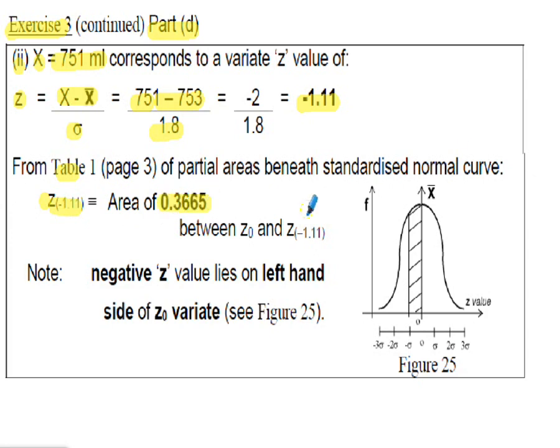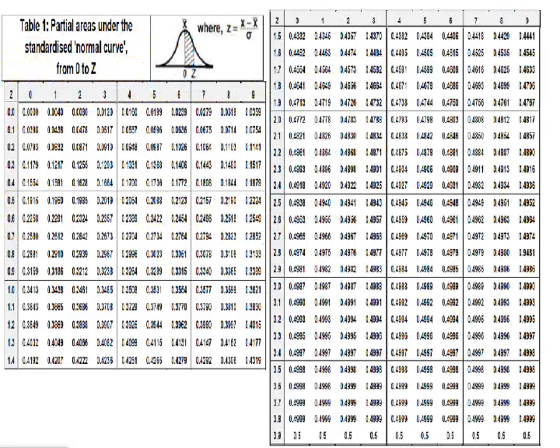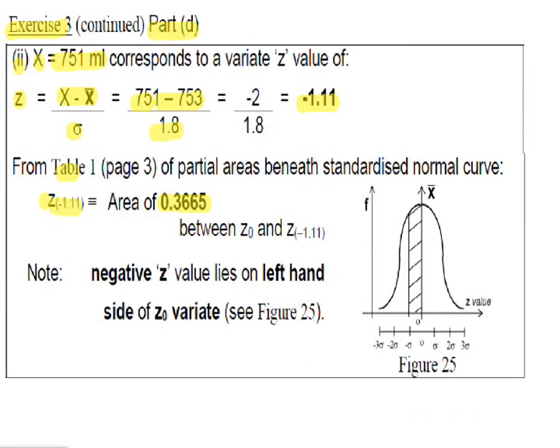You can check that from our table of partial areas. For a z value of minus 1.11, there's 1.1, and there's one column, so that will give us an area of 0.3665. So the area we've calculated now is the shaded area to the left of the x bar, or the z equals 0 value.